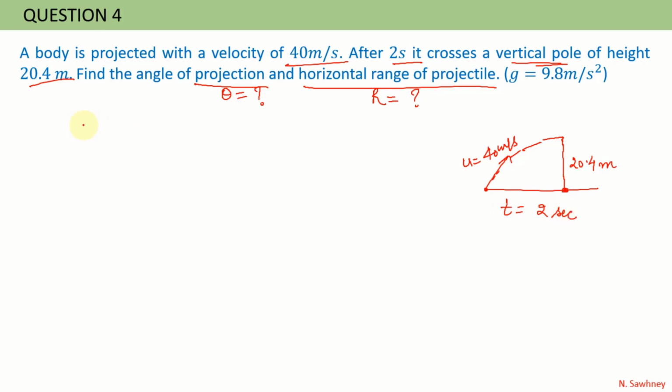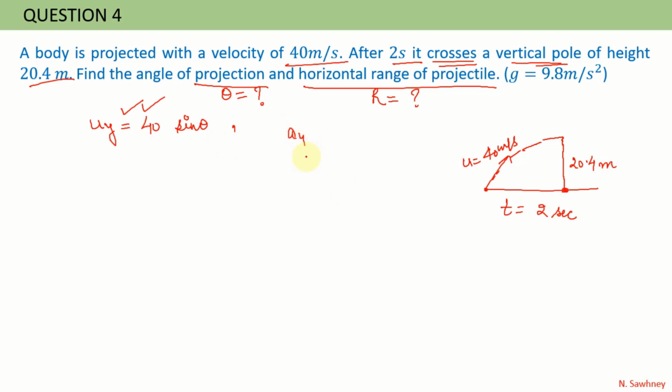So now if you look carefully, what will be the vertical component of the velocity? 40 meters per second is given, so the vertical component will be 40 sine theta. Because here it is given that it simply crosses the vertical pole. It is not mentioned that this is the maximum height reached. So we will consider the velocity as the vertical component.